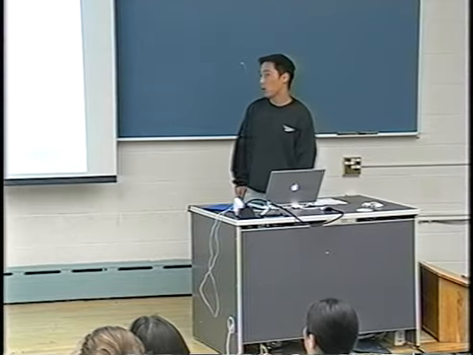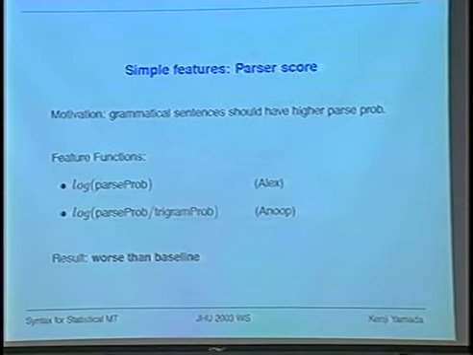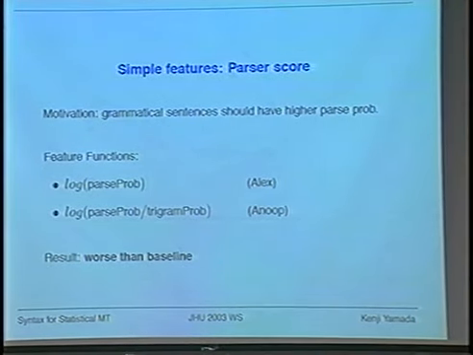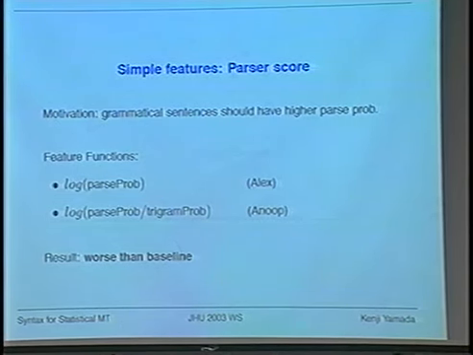So the simplest way of using the parser as a feature function is just to use the parser score. Collins' parser or other parsers are usually based on a statistical or probabilistic model. So it gives us the parser probability, which is generally the joint probability of the sentence and the parse.